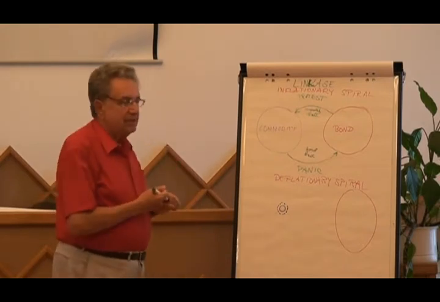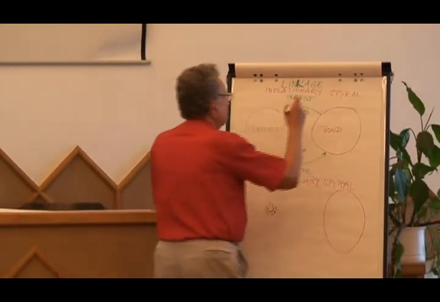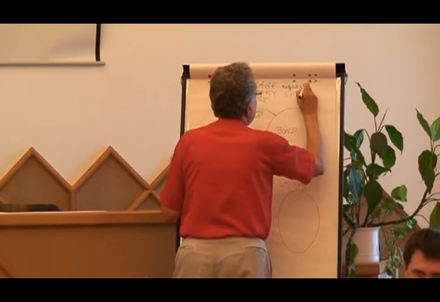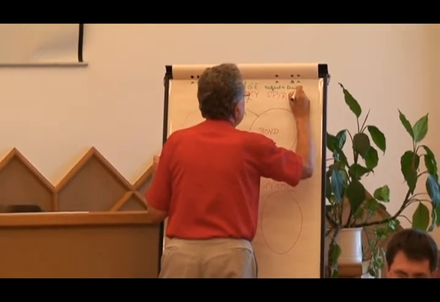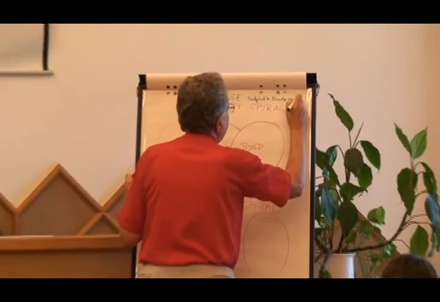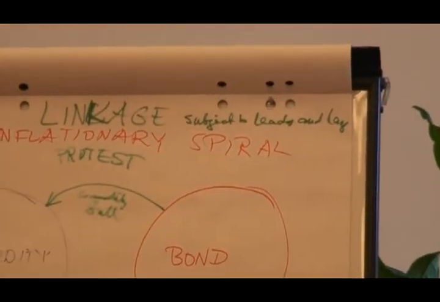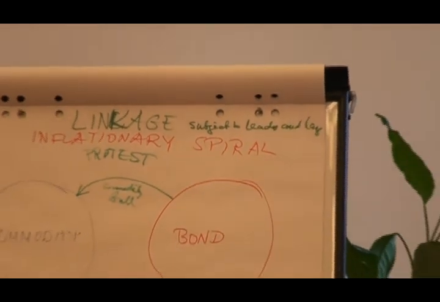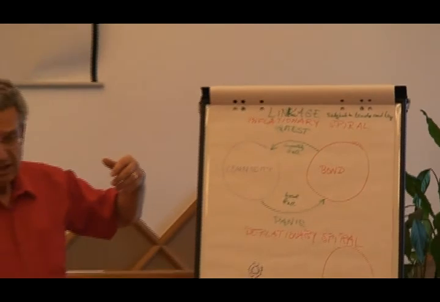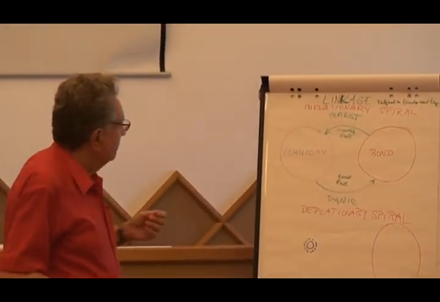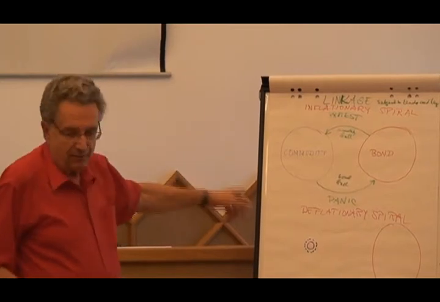Because there are leads and lags, so that's subject to leads and lags. What this means is that commodity prices can move first, followed by interest rates later. But it could be in the other order. And again, the same when they both move downwards.